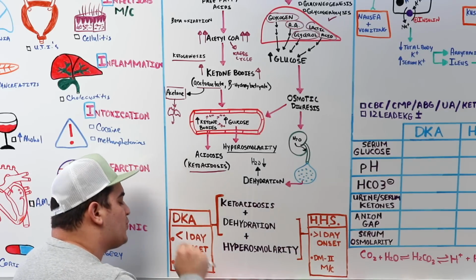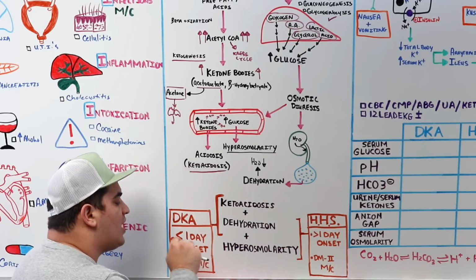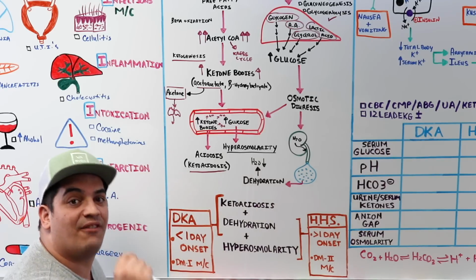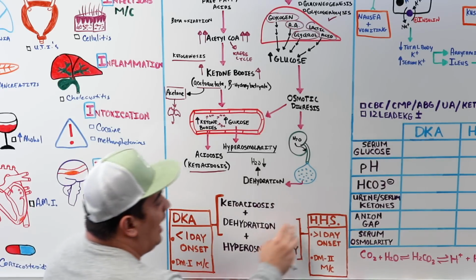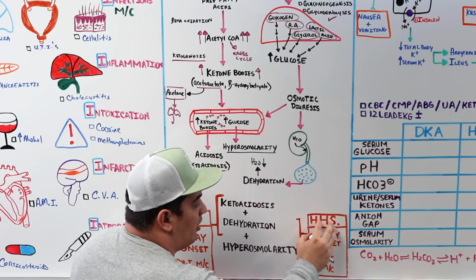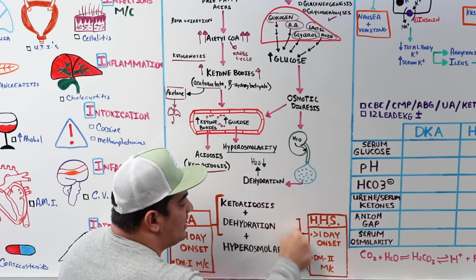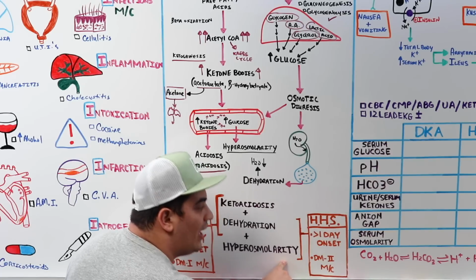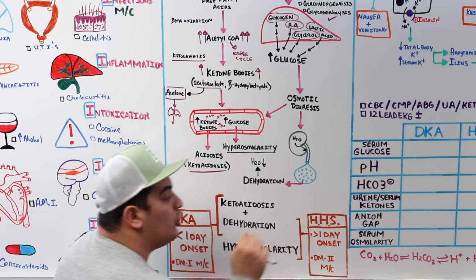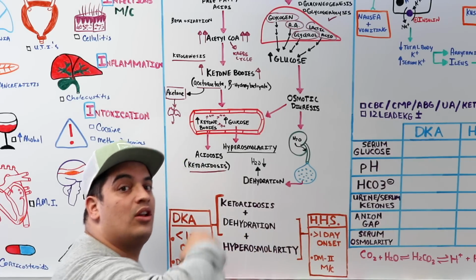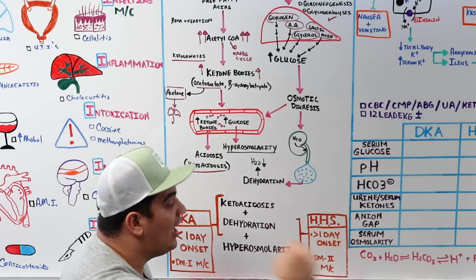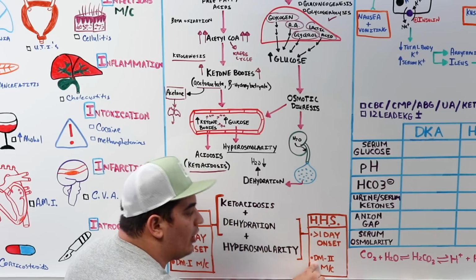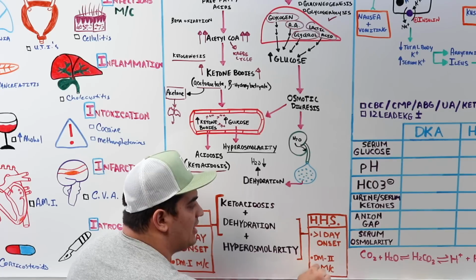And for your exams, remember it is most common in type 1 diabetics because of that insulin deficiency. Hyperglycemic hyperosmolar syndrome, on the other hand, we primarily see these two effects: dehydration and hyperosmolarity. On top of that, usually the onset comes on a little bit more than a day in time. And on top of that, this is more commonly seen, high yield here, with type 2 diabetes mellitus.